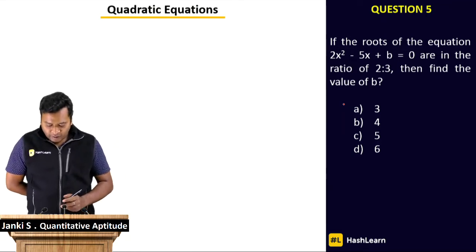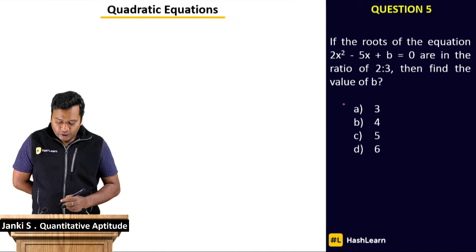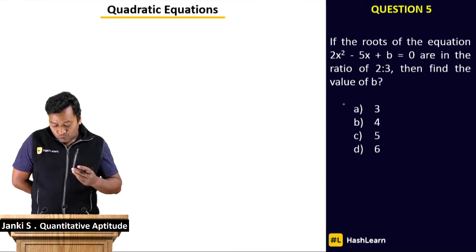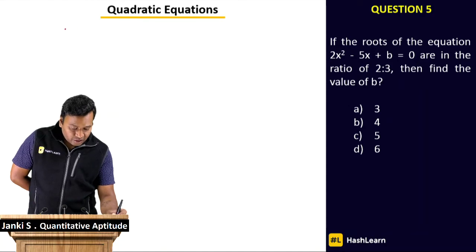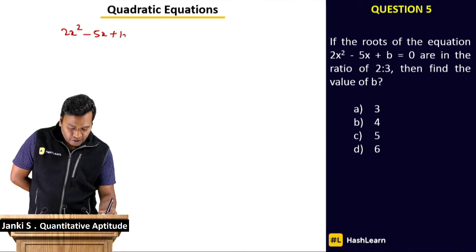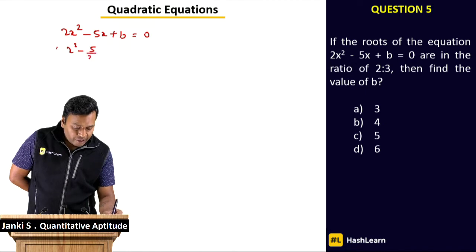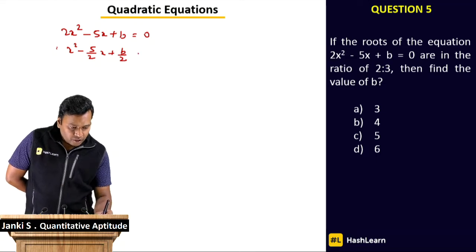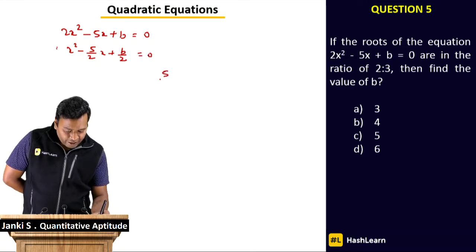Let's take the fifth one. If the roots of the equation 2x square minus 5x plus b is equal to 0 are in the ratio 2:3. Now identify, 2x square minus 5x plus b is equal to 0 is nothing but x square minus 5 by 2 x plus b by 2 is equal to 0, where 5 by 2 is nothing but the summation of the roots alpha and beta, right?